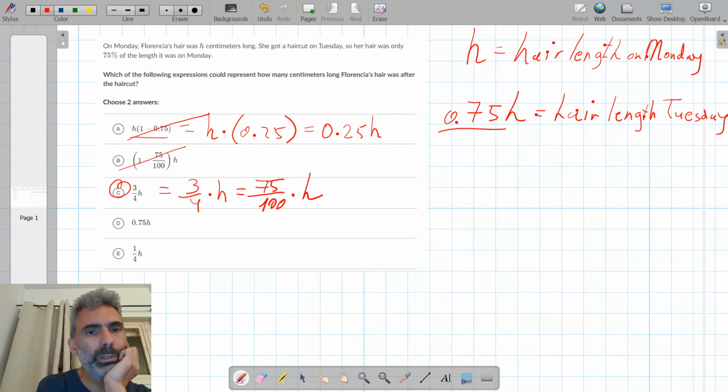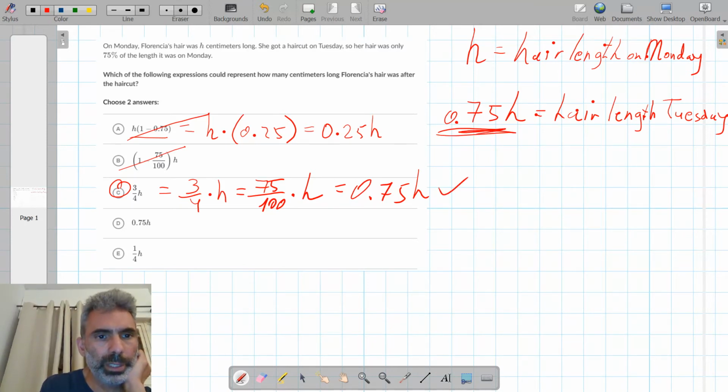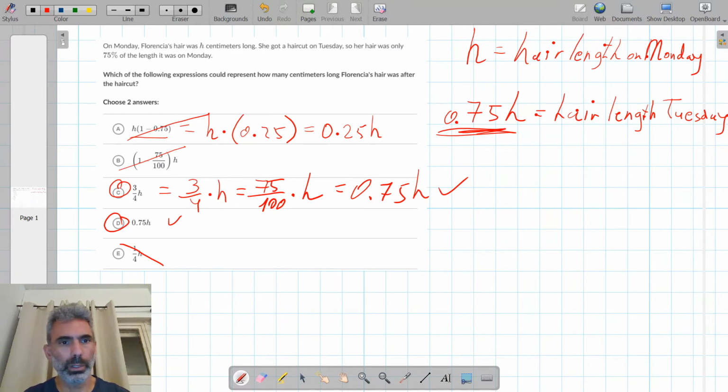So 3/4 are 75 hundredths, which is equivalent to 0.75 H here. So C is correct. 0.75H is correct. And E is incorrect because 1/4 of H doesn't represent how many centimeters long her hair was after the haircut. It represents the length of hair that was cut. Okay, so only C and D are correct.